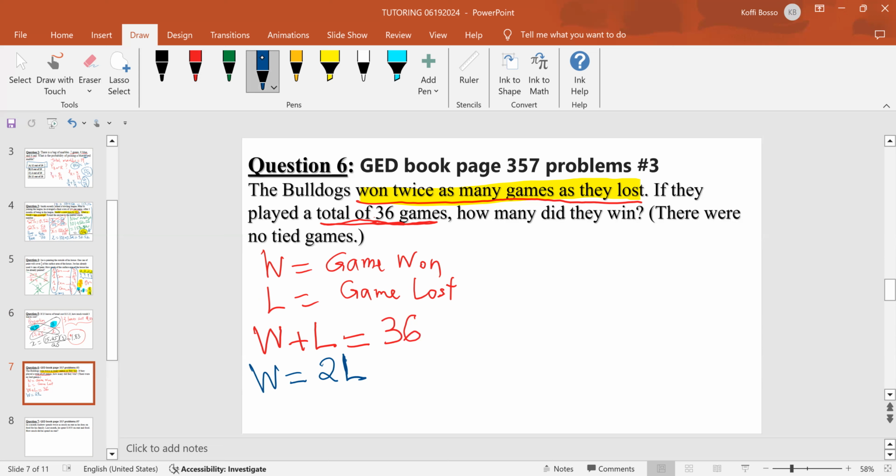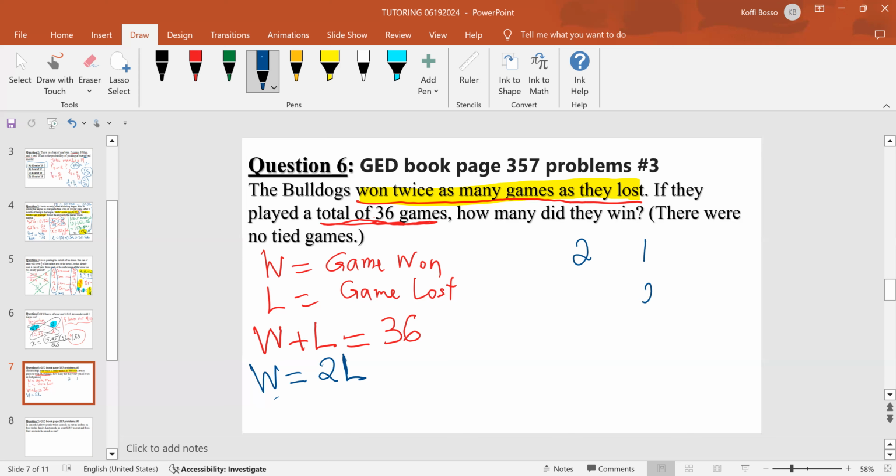But the thing is, they are using twice for what? Twice as many games as they lost. So the lost games give you the one, and games won, which is W, will be two times the losses. That means if they lost one, they will win two.